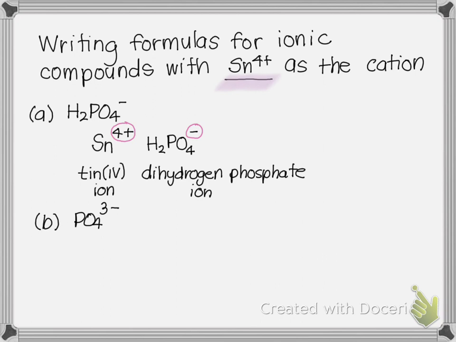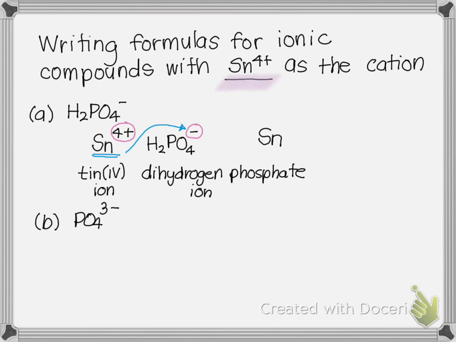So it's not just going to cancel out with one of each. In class, we talked about a mathematical shortcut to figure out how to balance the charges. So for tin, to know how many you need, you look at the charge of the anion, and since it's a 1, it's going to require 1 tin to cancel this out. So the formula would have just 1 tin.